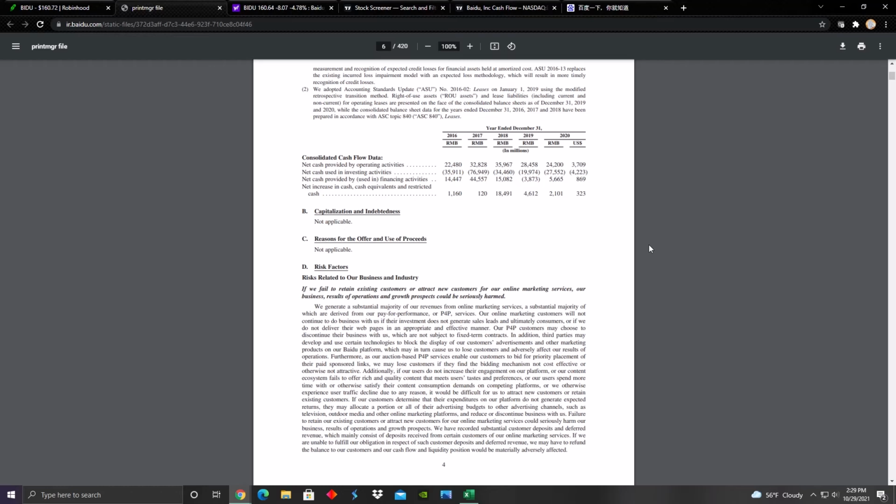So the main risk that they first talk about right here is that if their platform doesn't produce cost-effective results for their companies advertising using their platform, then the companies will probably use their advertising budgets and try and market their products and services on other marketing platforms that are competitive to Baidu.